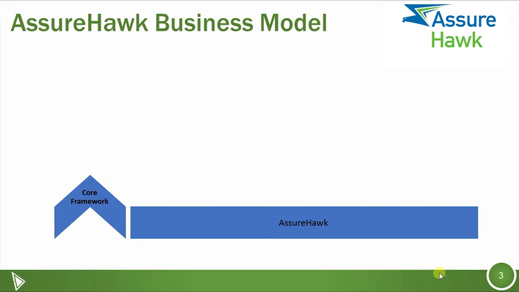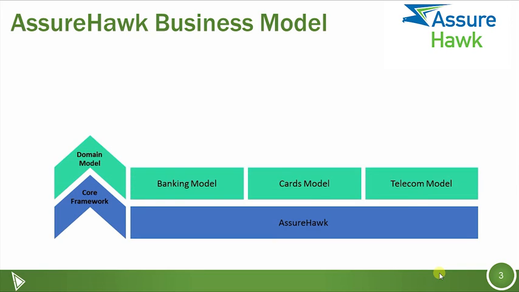AssureHawk has been configured as a vertical-agnostic platform, and therefore at the core of it you have an engine which is capable of being configured for multiple verticals. At this point we have configured it for banking, and we are also working on a cards model for the credit card platform.